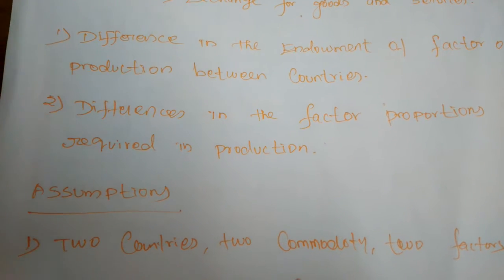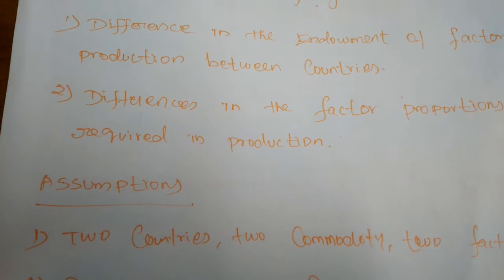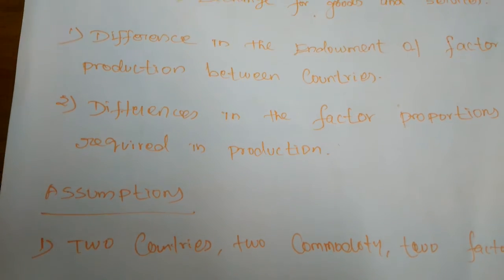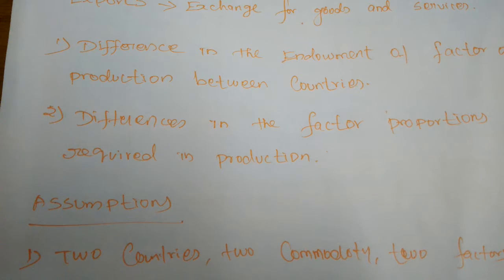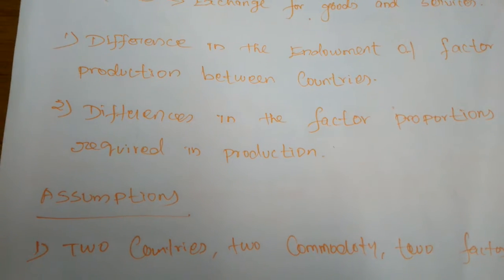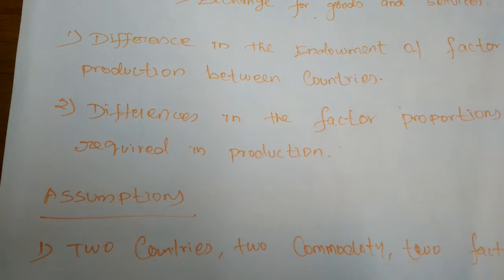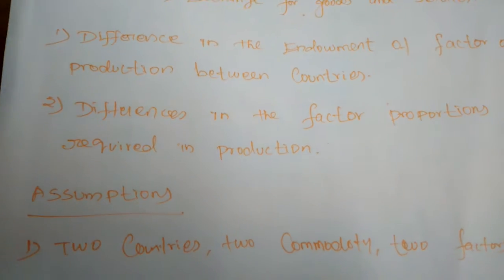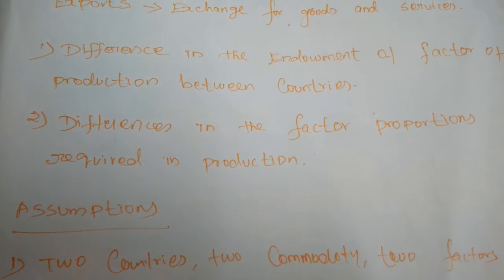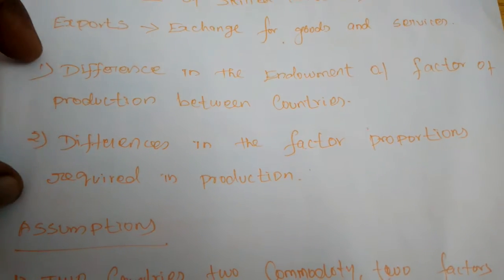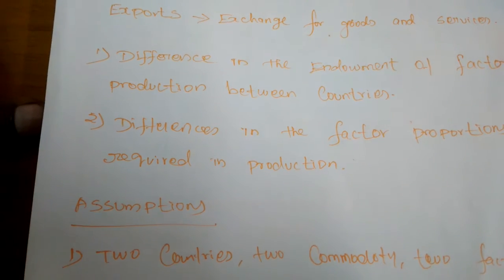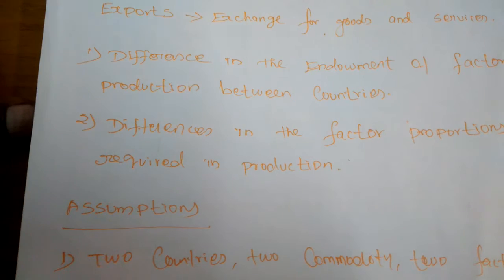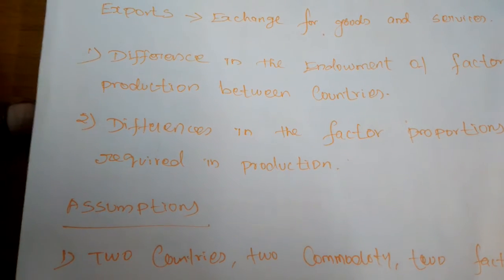When a country uses capital intensive methods, it produces more of some commodities, but the same country may not be able to produce other commodities using labor intensive methods. These two reasons are the main reasons for the comparative cost difference.